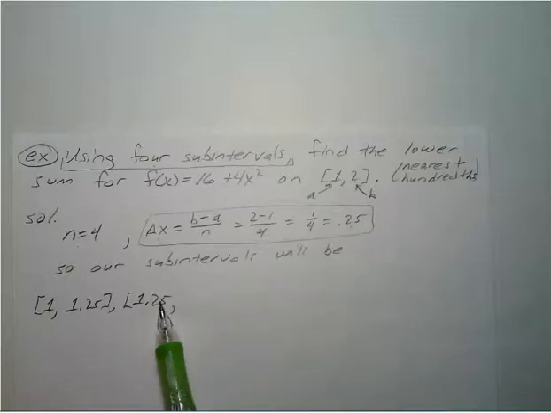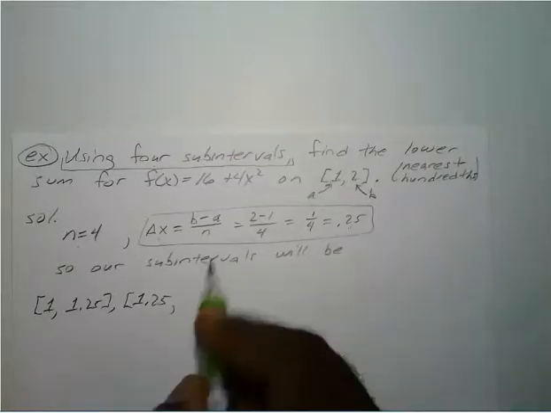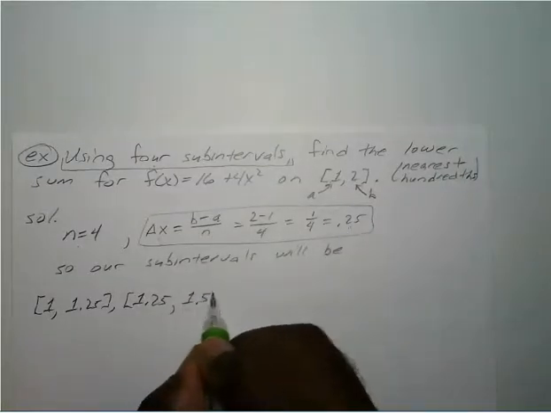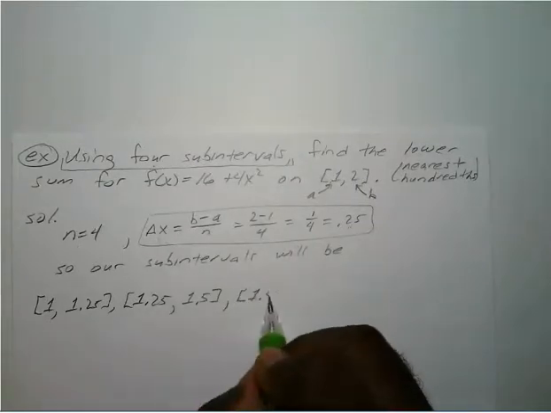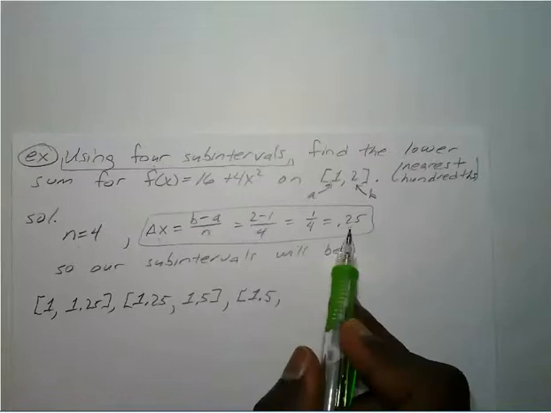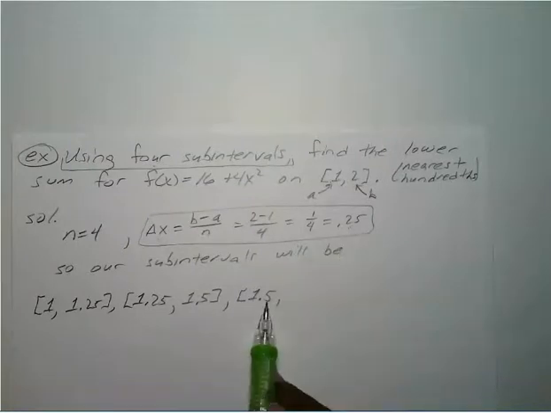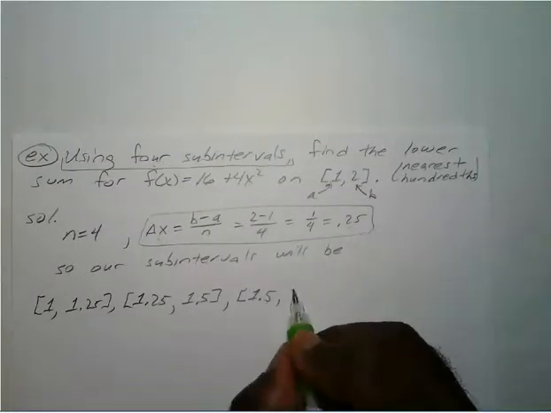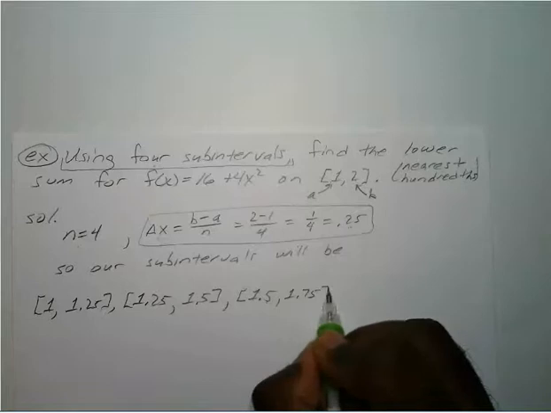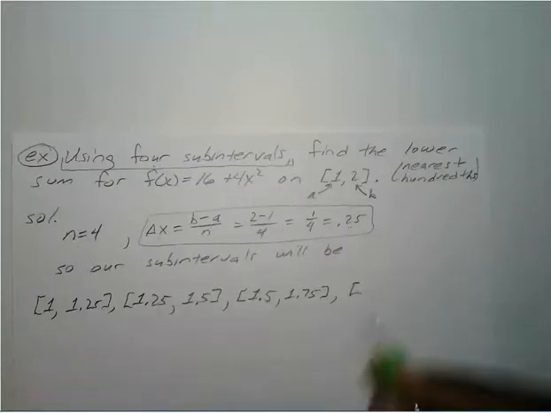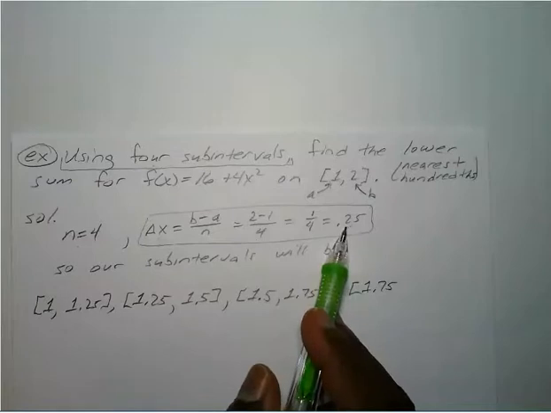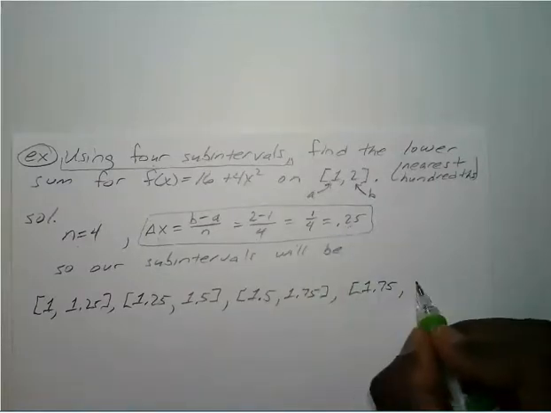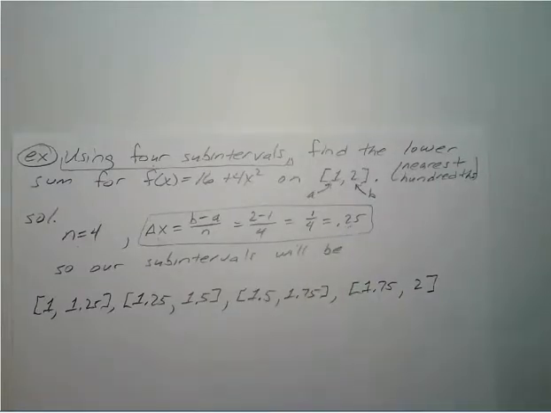So 1.25 plus 0.25 is 1.5. Starting at 1.5, we're going to move up another 0.25. So 1.5 plus 0.25 is 1.75. And from 1.75, we're going to move up another 0.25. So that would be 2.